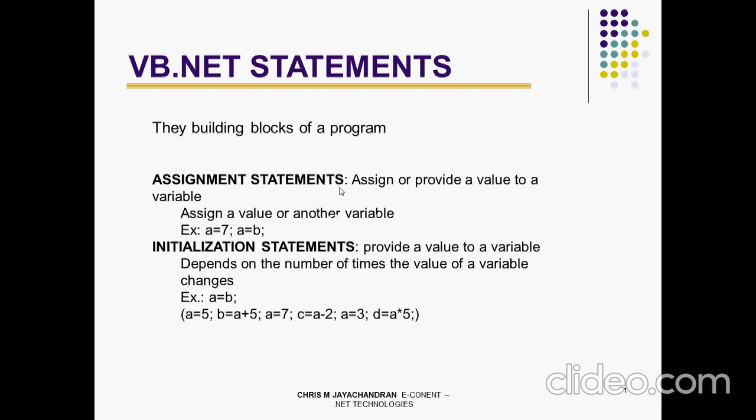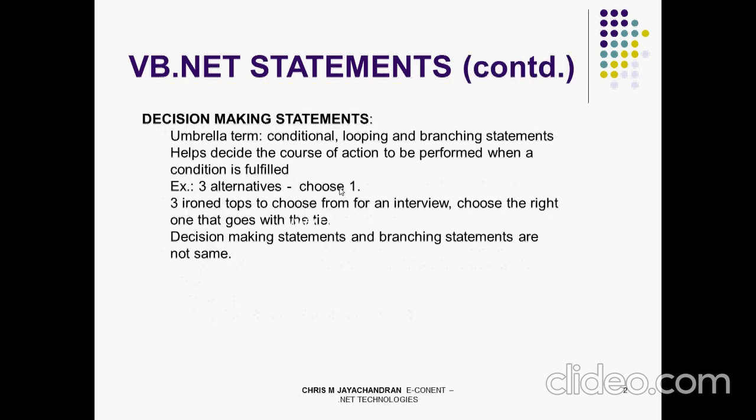Okay, that's the point. Then the next category of statements that we have in VB.NET is called decision-making statement. Then we have something called conditional statement. Then we have looping statement. Then we have branching statement. Now, I have tried a lot to understand what these individual categories of statements are in many of the textbooks.